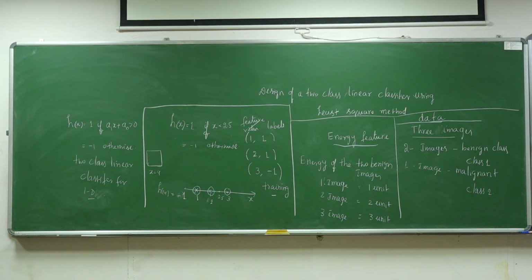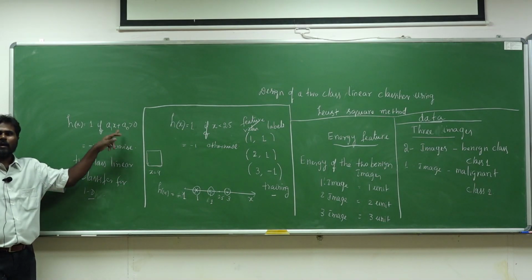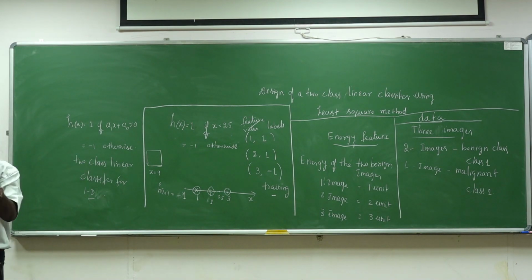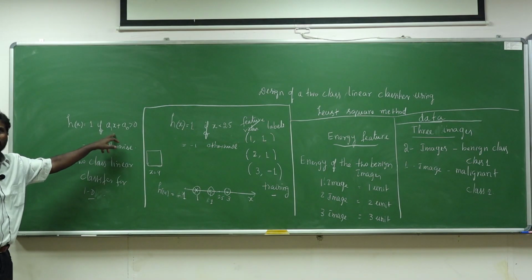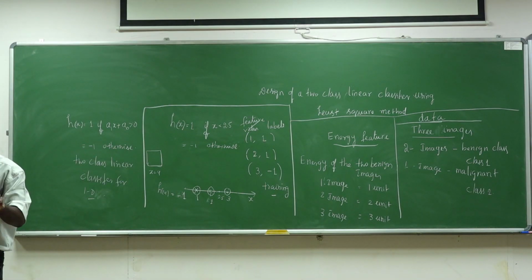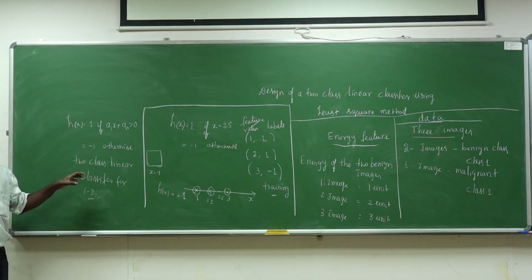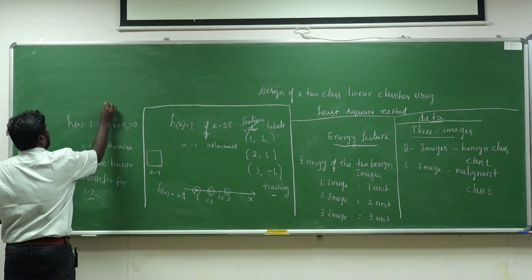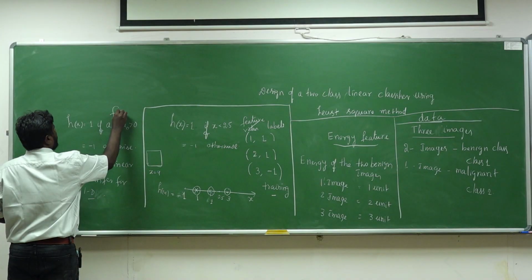And this function that you see here is called the discriminant function. Why do we call this a discriminant function? It discriminates the two classes.